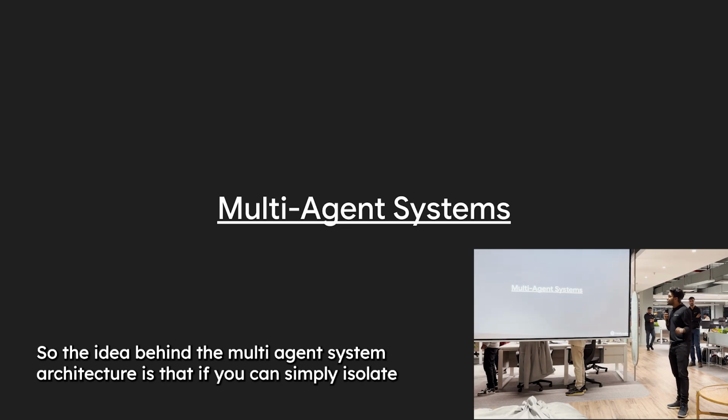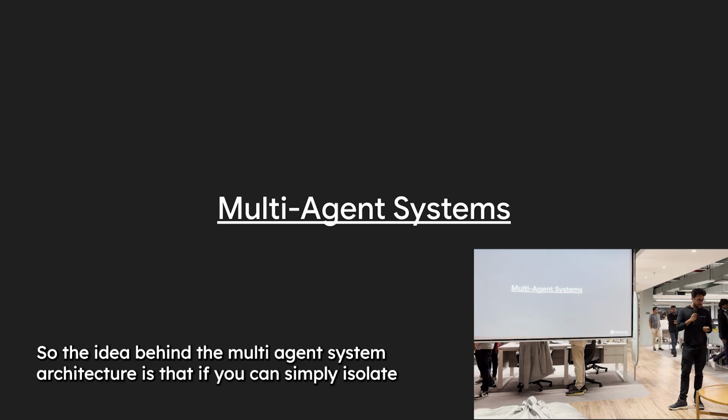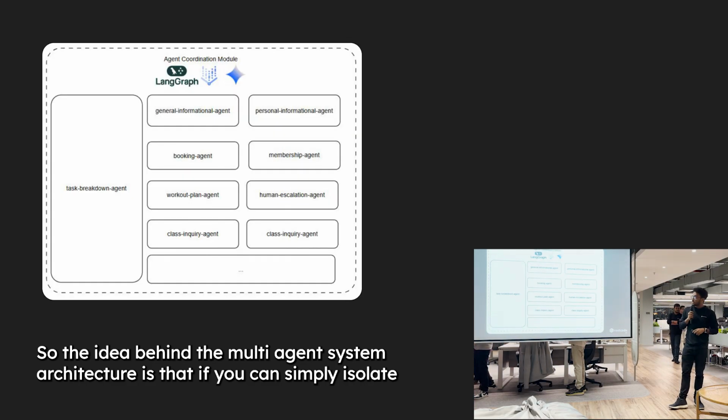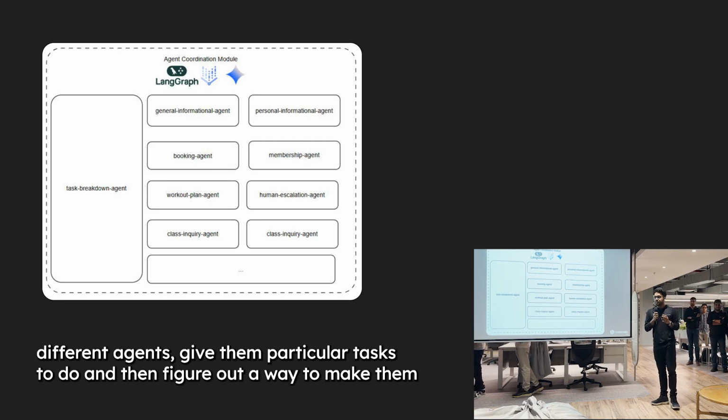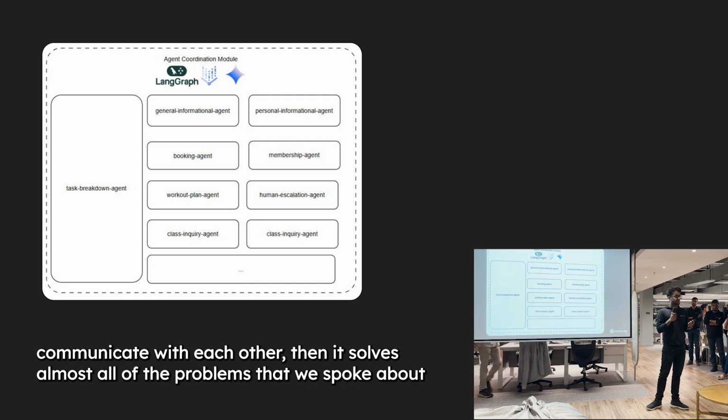So the idea behind the multi-agent system architecture is that if you can simply isolate different agents, give them particular tasks to do, and then figure out a way to make them communicate with each other, then it solves almost all of the problems that we spoke about earlier.